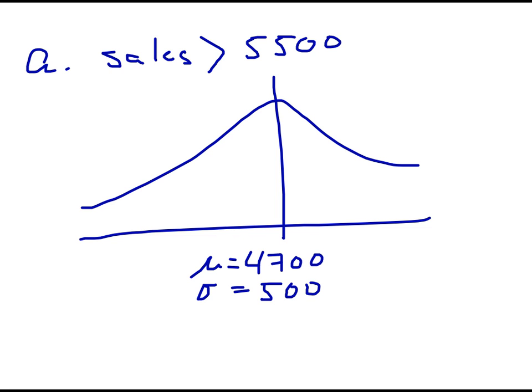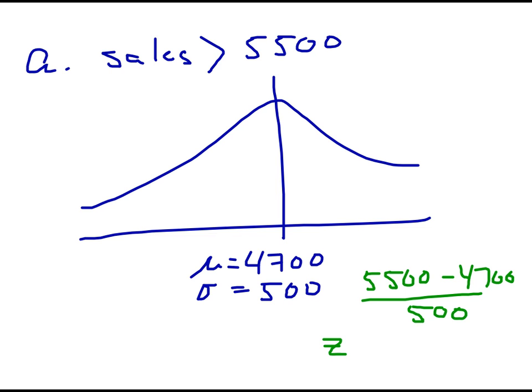So we're going to take 5,500 minus 4,700 divided by 500, and that gives us a z of 1.6.